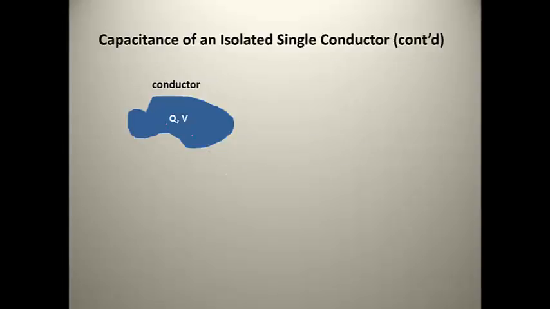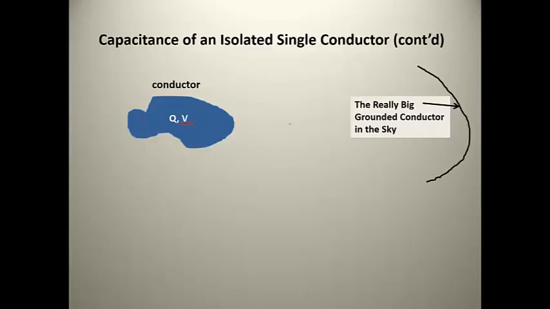So what we're looking at then is a conductor that has a charge Q located on the conductor, which would of course be on the surface, and the potential at which this conductor exists. So the other electrode is the really big grounded conductor in the sky. So this would be at infinity. So we've got a capacitor then between this conductor that has charge Q and the really big conductor over here.